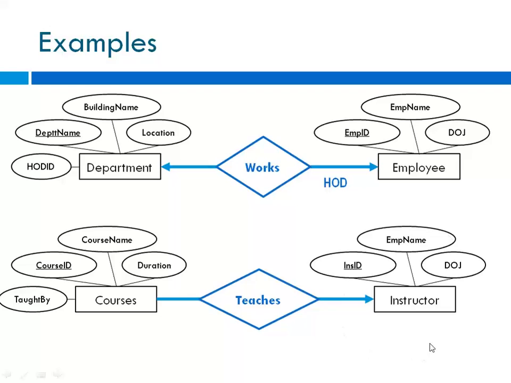The information about which course is taught by which instructor is defined here. This taught by attribute will contain the instructor ID who is teaching this course. So this is how you will define the attributes of a 1:n relationship.